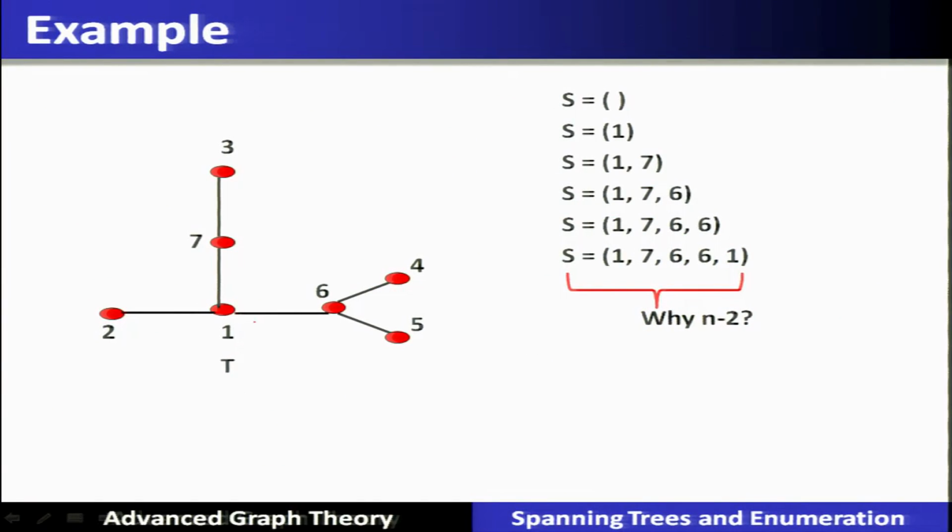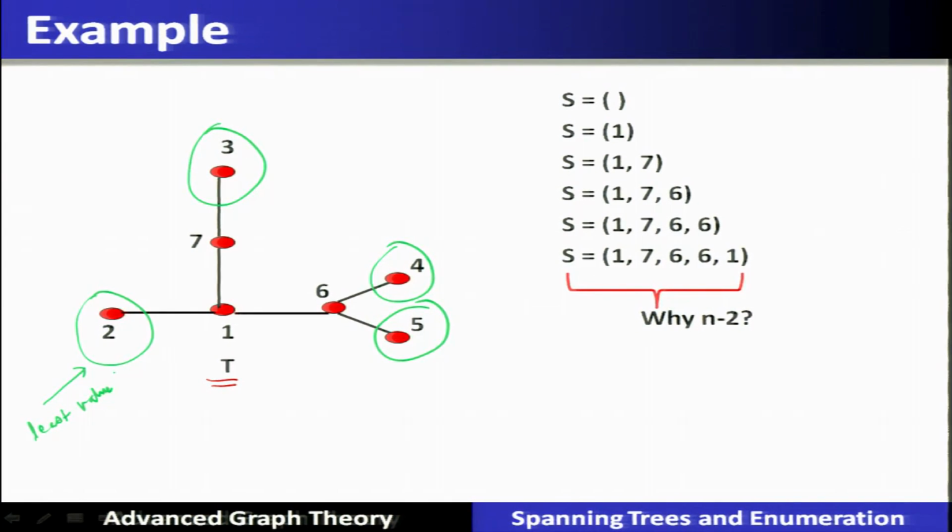Let us see this example. Let us say this T is given to us and we want to generate a Prüfer sequence. First we have to see how many different leaves are there in this tree. This is one leaf, another leaf. So there are 4 leaves, and out of these 4, this one is the leaf with the least value, 2.